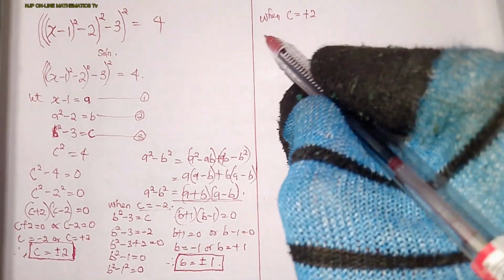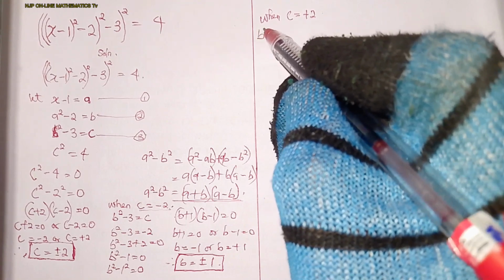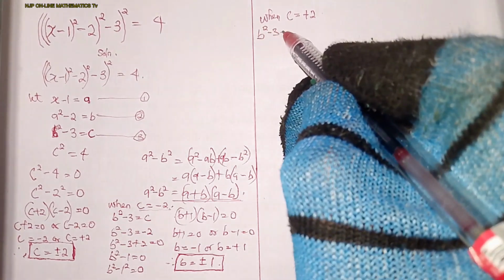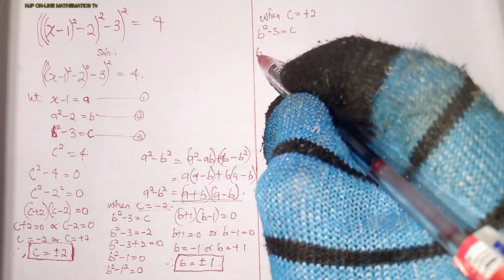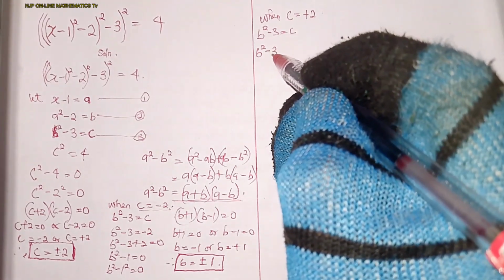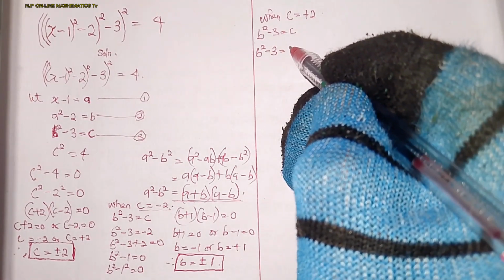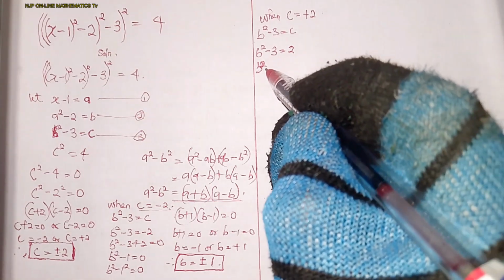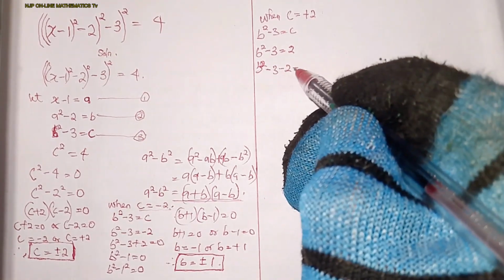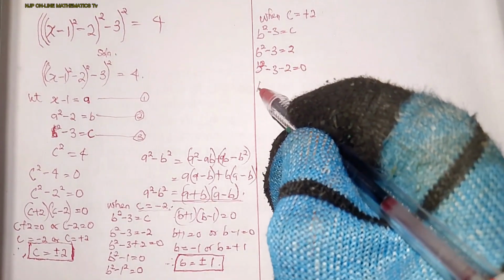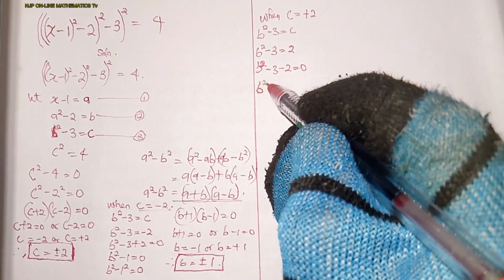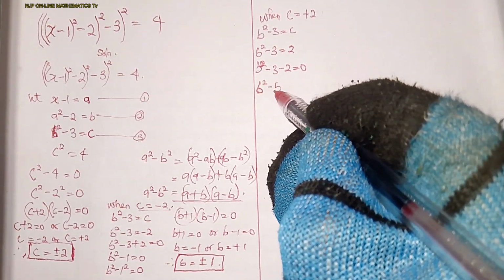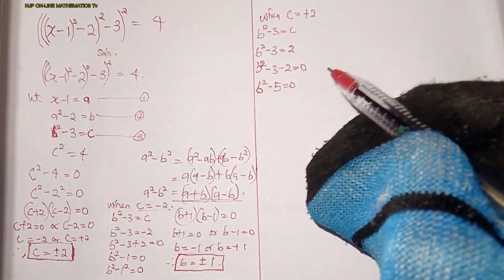So we are having in the equation that b square minus 3 equals c. Therefore, b square minus 3 equals 2. Therefore, b square minus 3 minus 2 equals 0, and b square minus 5 equals 0.